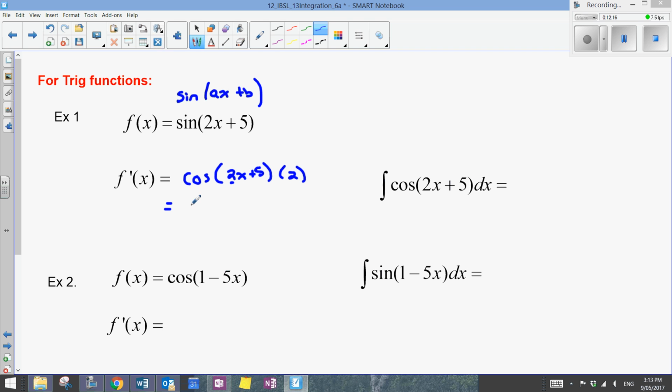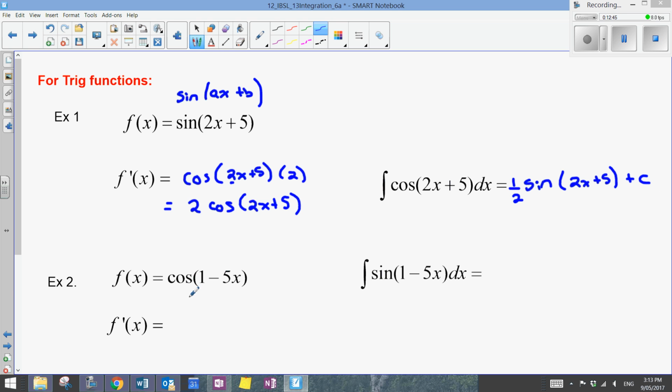So we wind up with 2 cosine of 2x plus 5. So now if we're working backwards, the antiderivative of cosine is sine. We keep the inside function the same, but now because we would normally multiply by the derivative of the inside when we took the derivative, we're now going to divide by the derivative of the inside to get our integral, and plus a possible c.